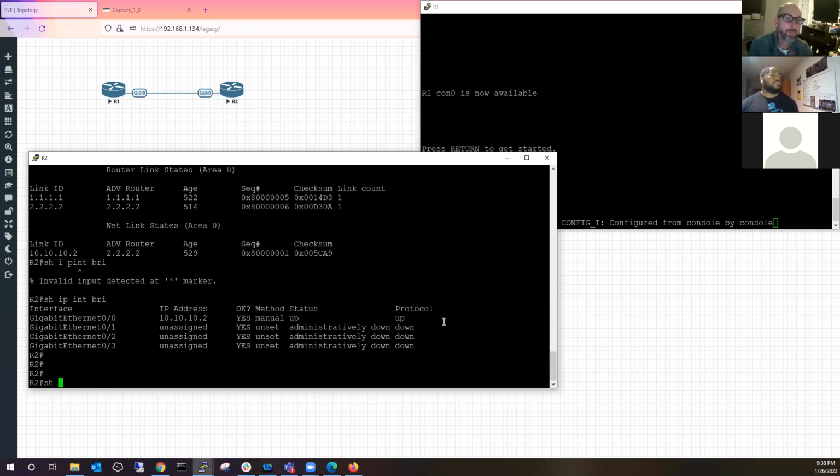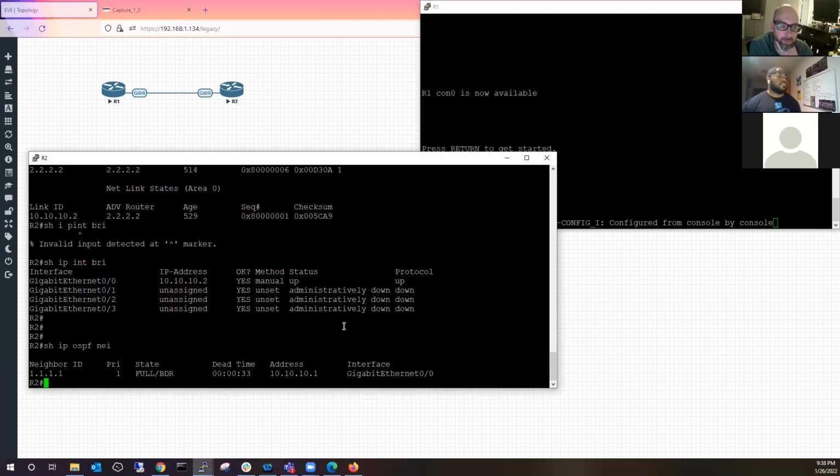So let's do this. We want to see if we got a neighbor, an adjacency established. Yeah. So here we can see that router 1.1.1.1, which is basically router 2, is what? The backup designated router. Exactly.